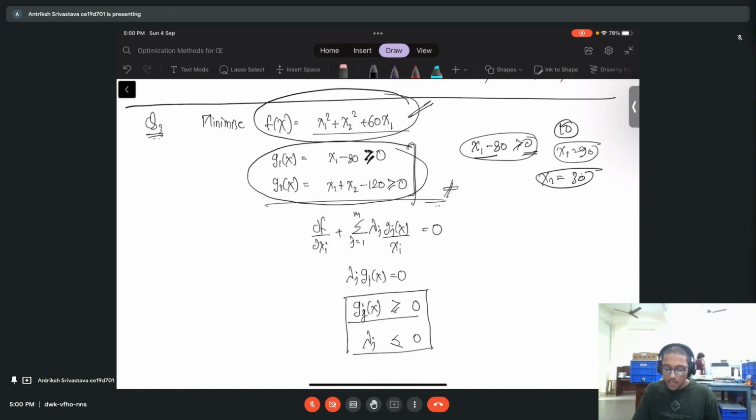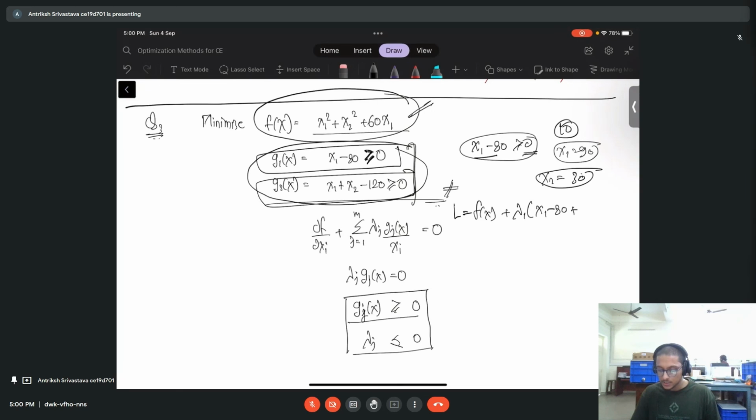So when we are initially trying to write this into a Lagrange function, we should actually write it like this: f(x) plus lambda 1 times (x1 minus 80 minus 10) plus lambda 2 times (x1 plus x2 minus 120 plus 0) is equal to this Lagrange function.